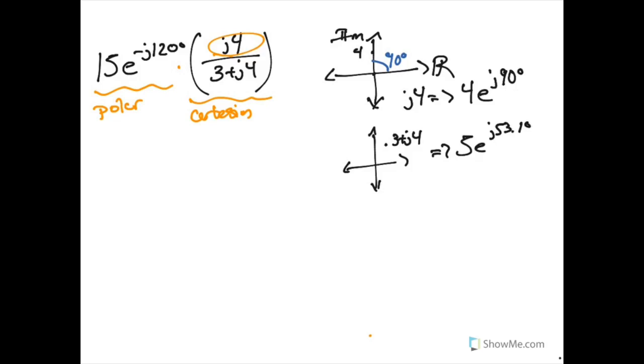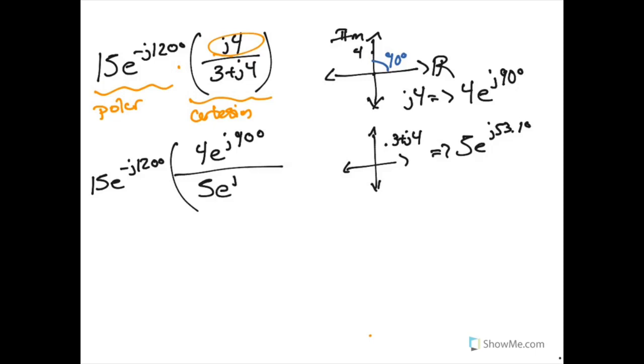So as we rewrite this problem here, I will replace the Cartesian values with these new polar values. So j4 becomes 4 e to the j 90, and 3 plus j4 becomes 5 e to the j 53.1 degrees. Combining everything together, we get 15 e to the j 120 degrees.